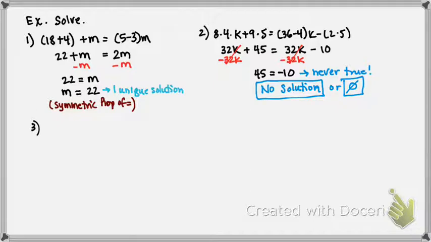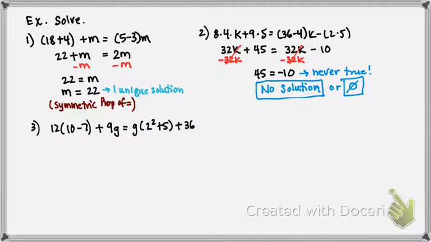All right, and then the last one that I'm going to do with you, the rest we'll do in class. We've got 12 times the quantity 10 minus 7, plus 9g is equal to g times the quantity 2 squared plus 5, and that plus 36.